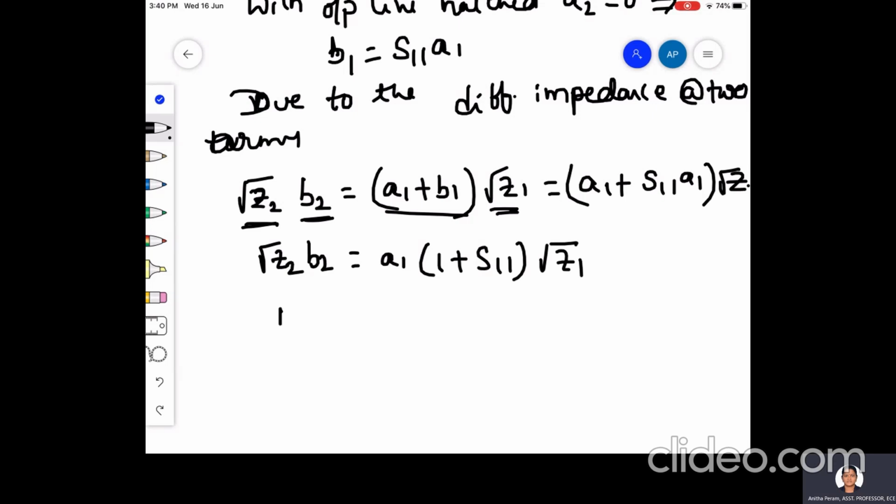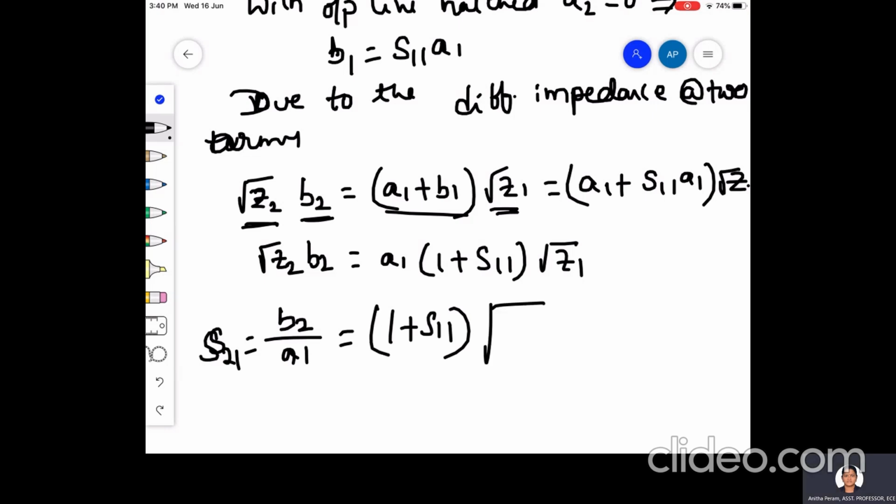So you can also express the B2 by A1 ratio, which is nothing but S21. B2 by A1 ratio, S21, is 1 plus S11 multiplied with, you send this Z2 term to the other side, which gives you Z1 divided by Z2.